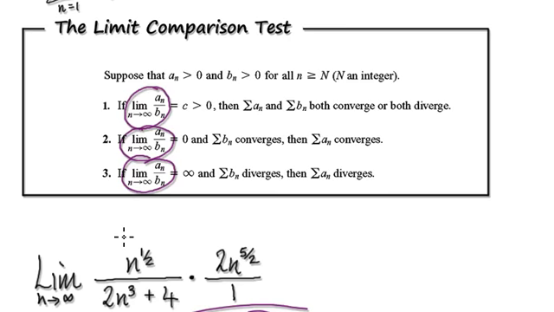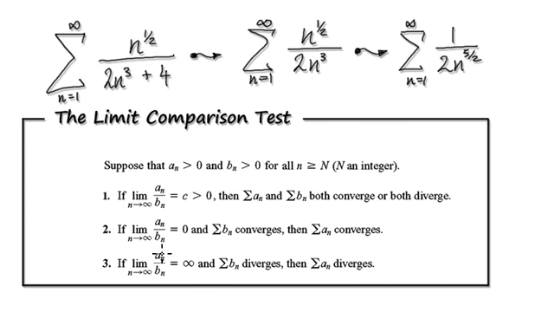So going back to here, our value here is 1. Well, 1 doesn't equal infinity, so this is out. Number 2 requires it to be equal to 0, which is not our case here.